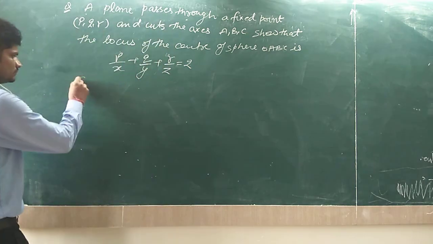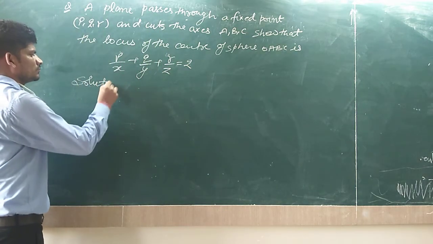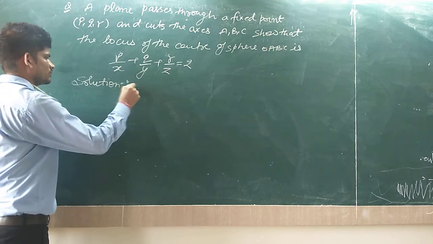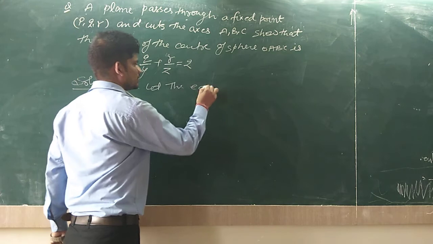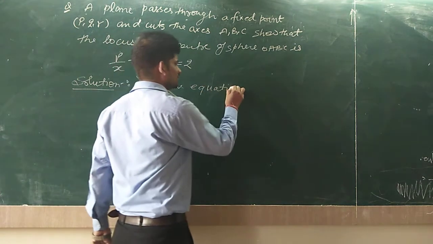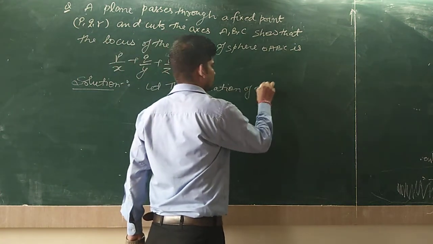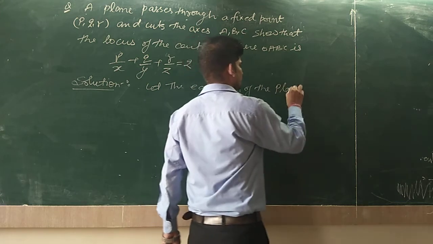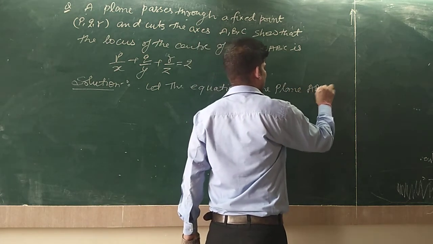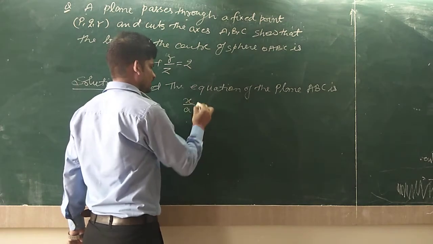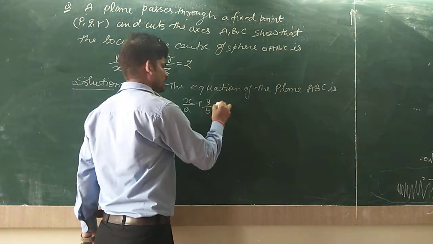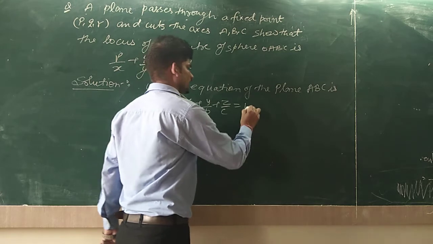Then solution. Let the equation of the plane ABC be X upon A plus Y upon B plus Z upon C equal to 1.